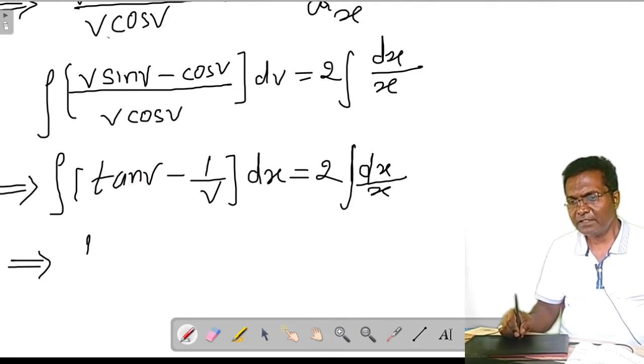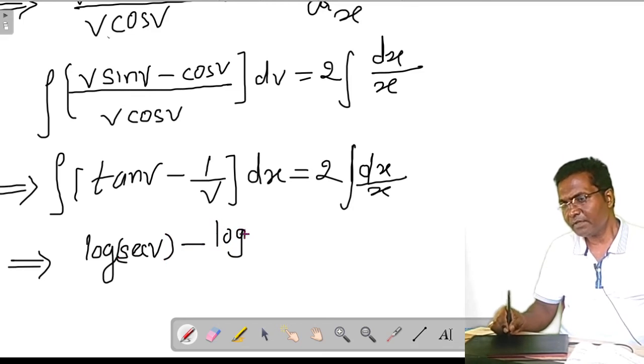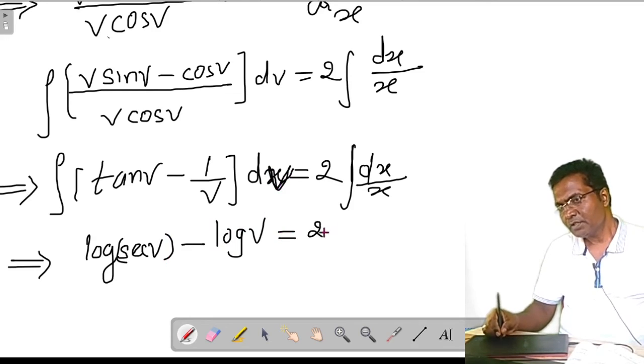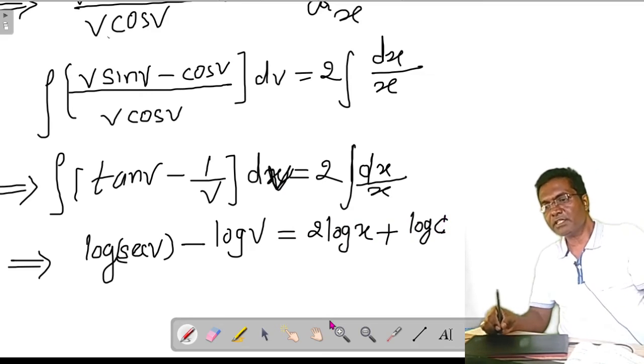Okay, now you can write the integrations directly. Integration of tan v is log of sec v. Integration of 1 by v is log v. Integration of 1 by x is log x, plus if all the terms are in terms of log, you can keep the constant also in terms of log.